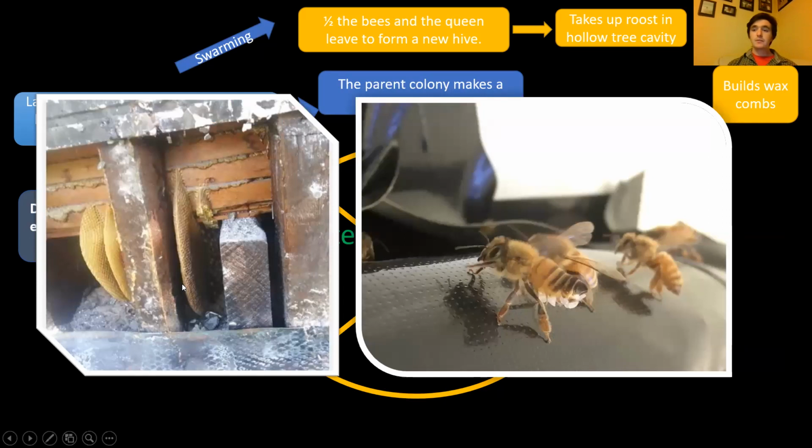And that queen, because she's already mated, will start to grow the population of bees back up. And so they halved. They're about 15 to 20,000 versus what they could have been. They could have been 30 to 40,000 if they would have all stayed home.